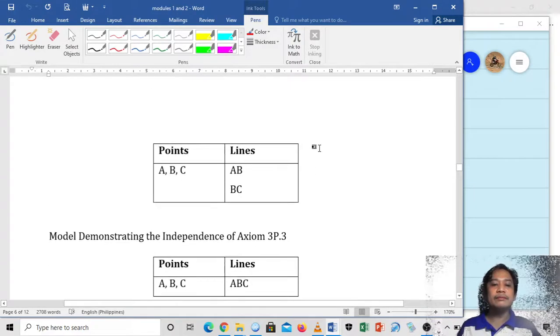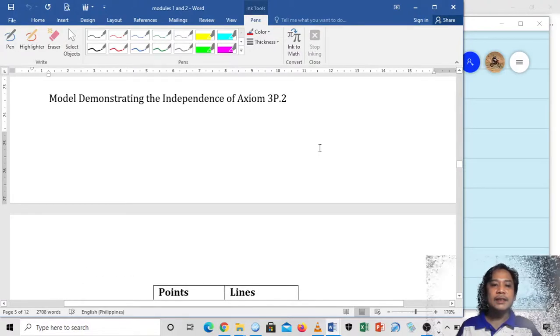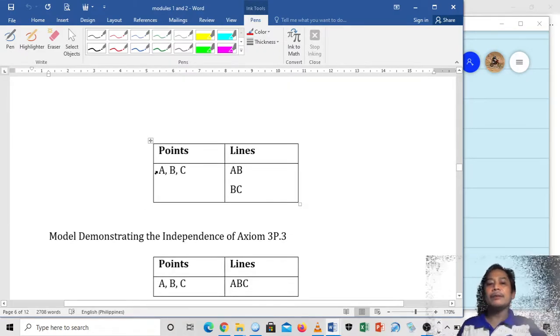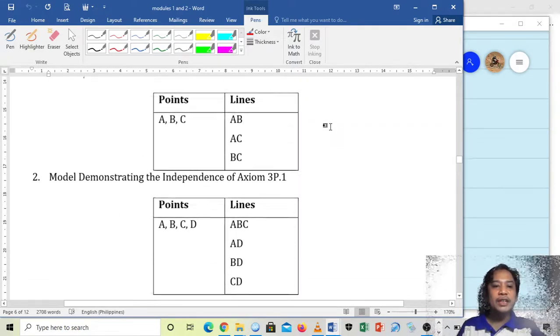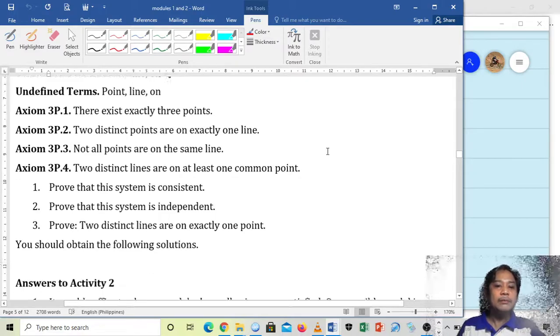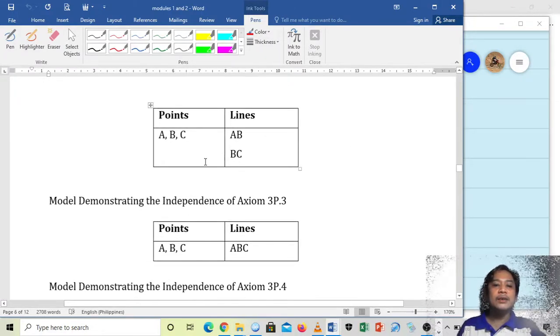Here we have a model showing the independence of axiom 3p.3. So we have the points A, B, and C, the lines AB and BC. Let us examine this model with respect to the axioms. First axiom is satisfied because there are exactly 3 points. Second axiom, which states that two distinct points are on exactly one line. What are the two distinct points?